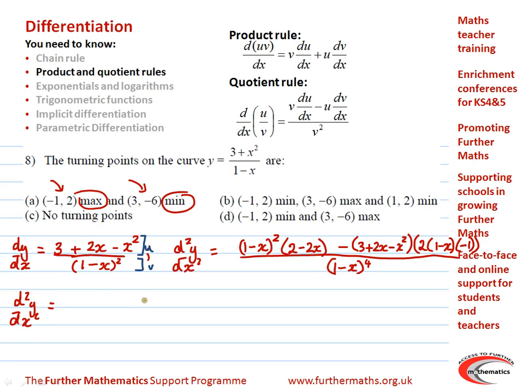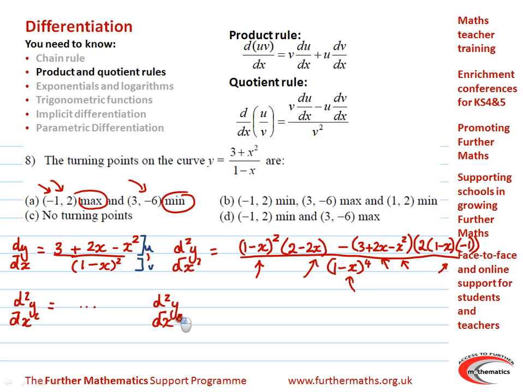So d2y by dx squared has a whole lot of stuff to simplify on that top line, but you can either expand and simplify it, or you could take your value of minus 1 and replace x with minus 1 everywhere it appears.